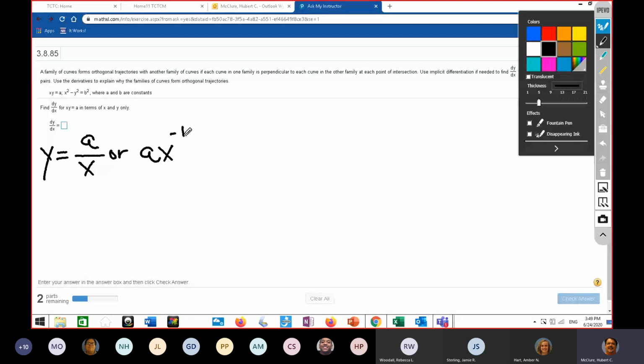And of course, what are you going to take? You're going to take the derivative. And that's going to give you -a over x squared. So y prime is equal to -a over x squared.